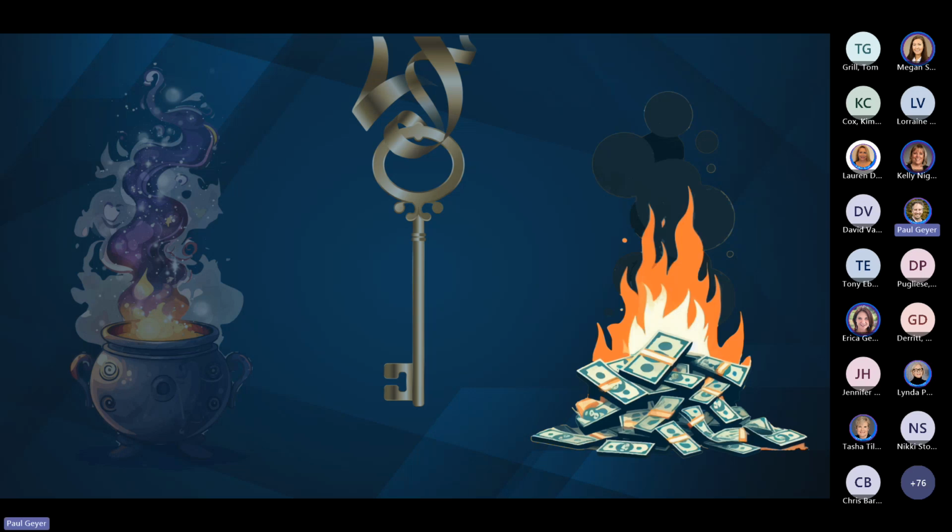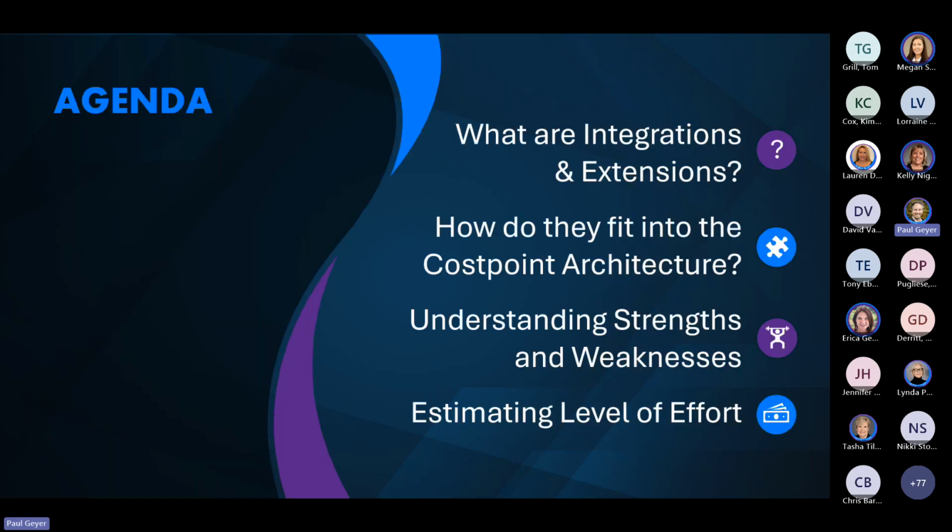The old system doesn't even look like that anymore. So for this group, at the end of the presentation, I want to convince you that there's a business case for extensibility, that it can add value and we can keep it maintainable. It doesn't have to be the money pit that sometimes they become.